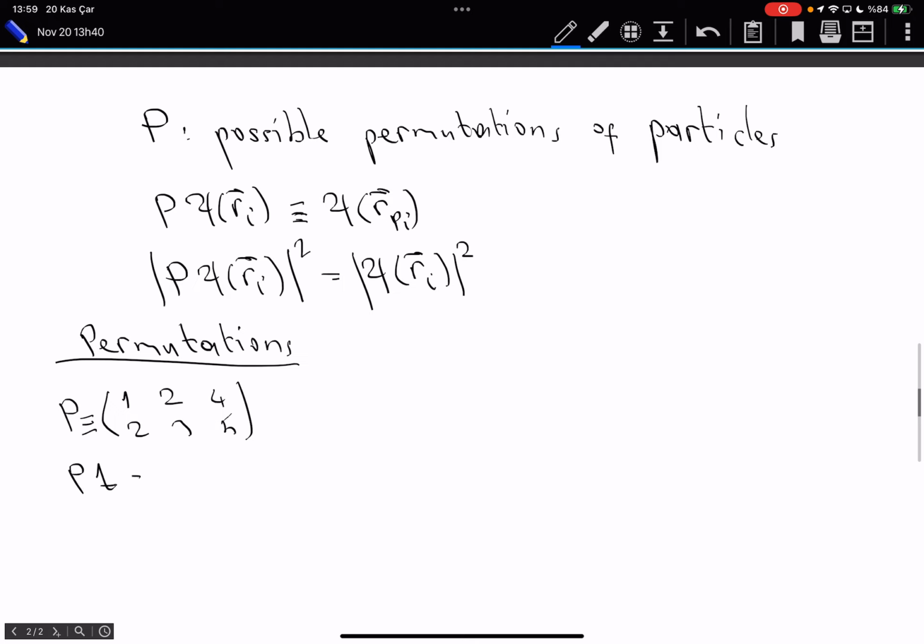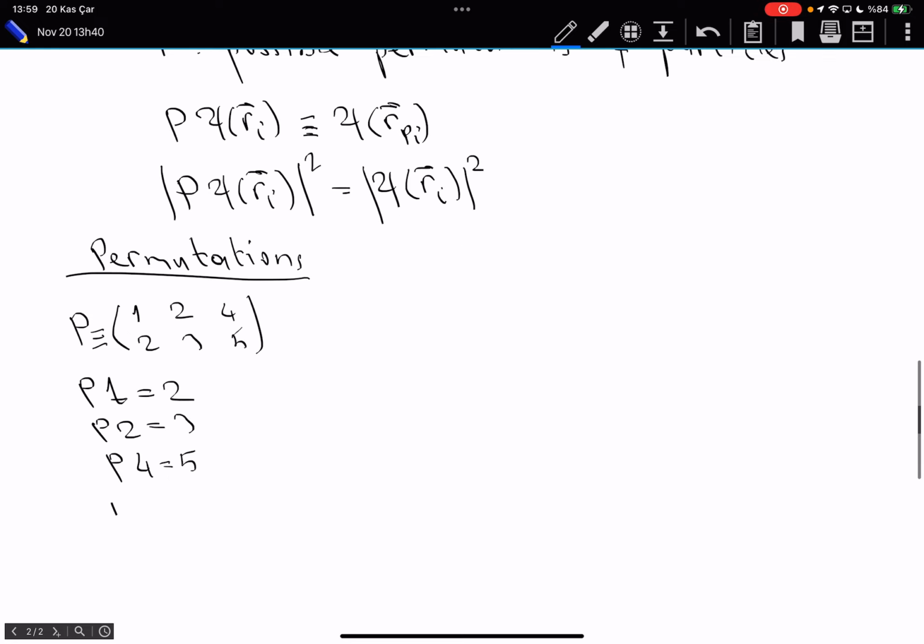P acting on 1 will give you 2, P acting on 2 will give you 3, P acting on 4 will give you 5, P acting on 3 will give you 2.